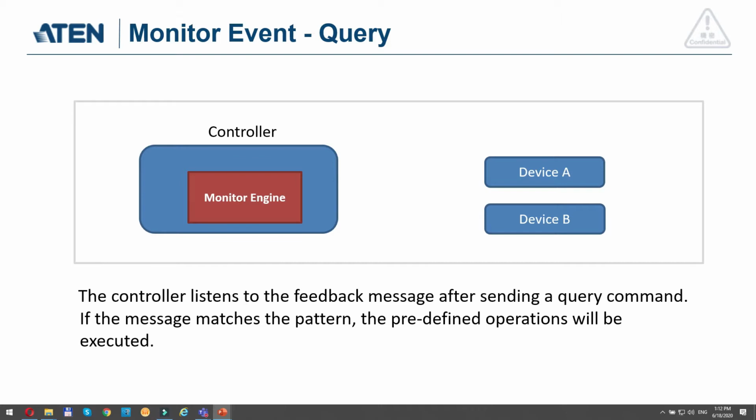Okay, I need to know if the lamp of the projector needs to be replaced. So I don't want to wait for the projector to tell me that. I want to ask the projector that. So that is the query. I'm actively asking equipment to send me either some parameters or some states that they are in, so I can take some action with other equipment that may benefit from it.